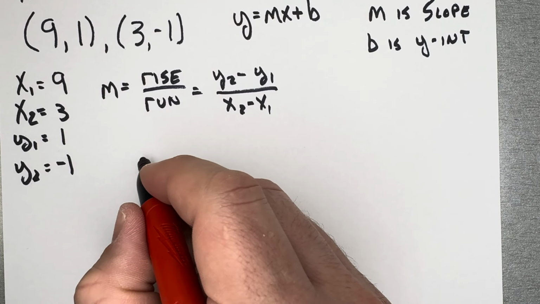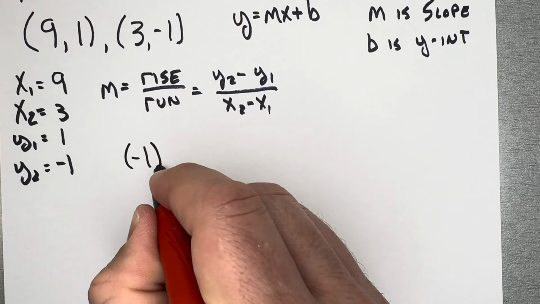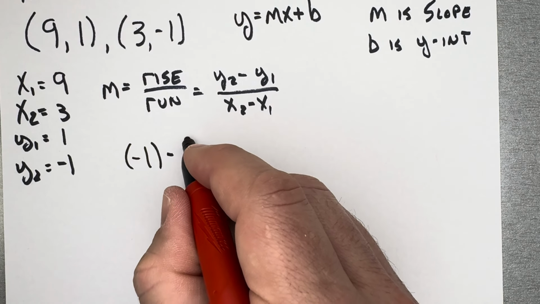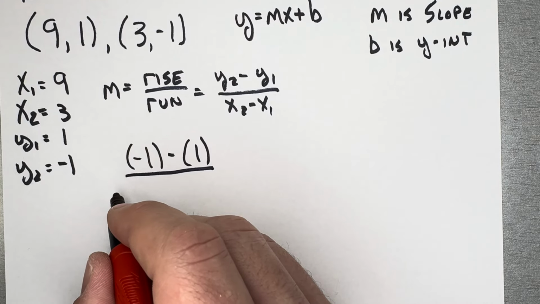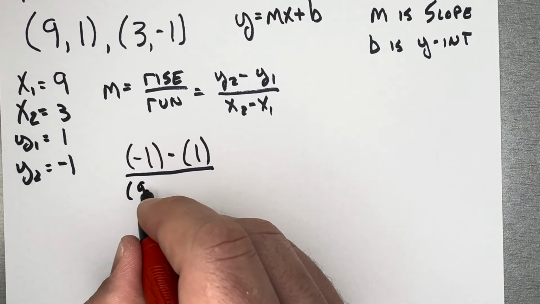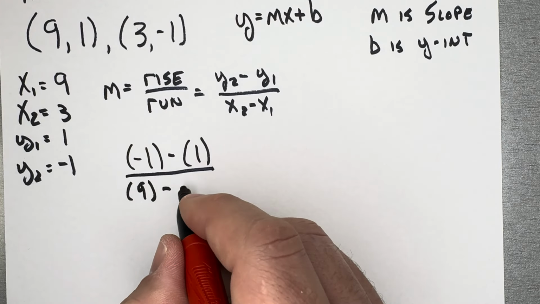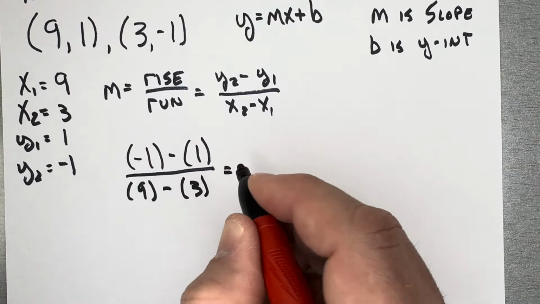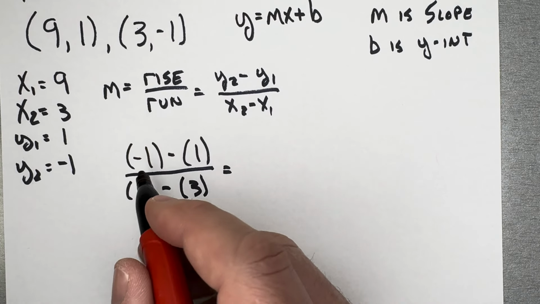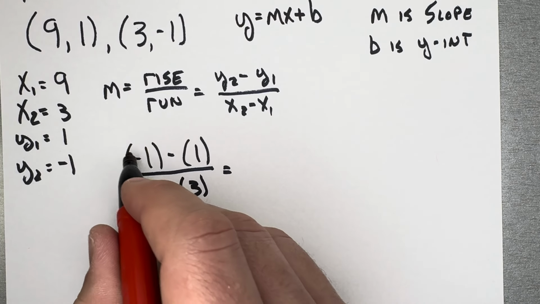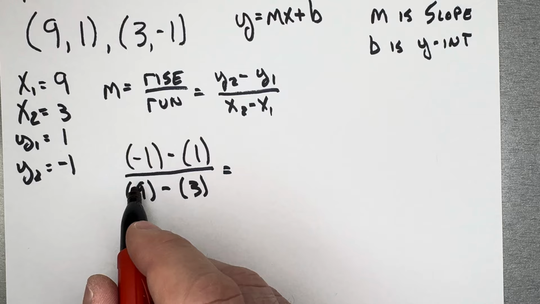So y2 is -1, minus 1, over x2, which is 9 minus 3. Actually, I made a mistake here. This is going to be flipped.